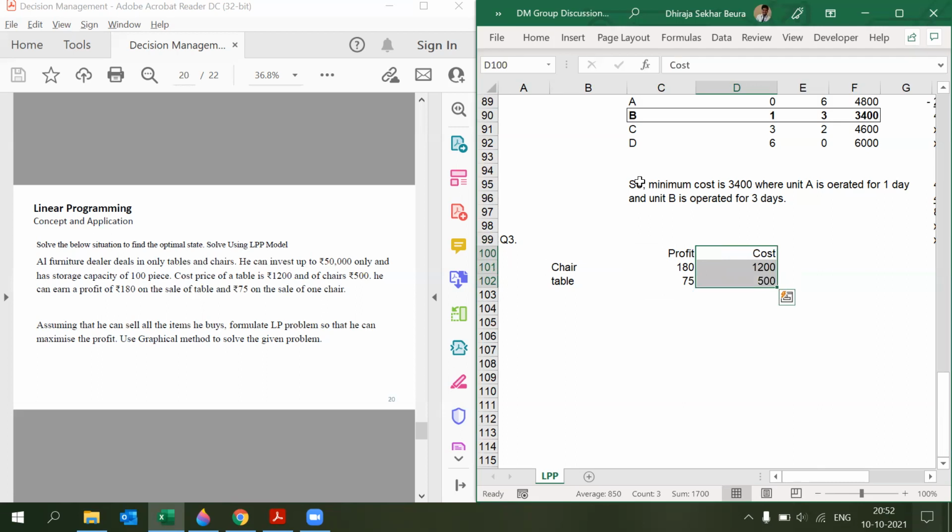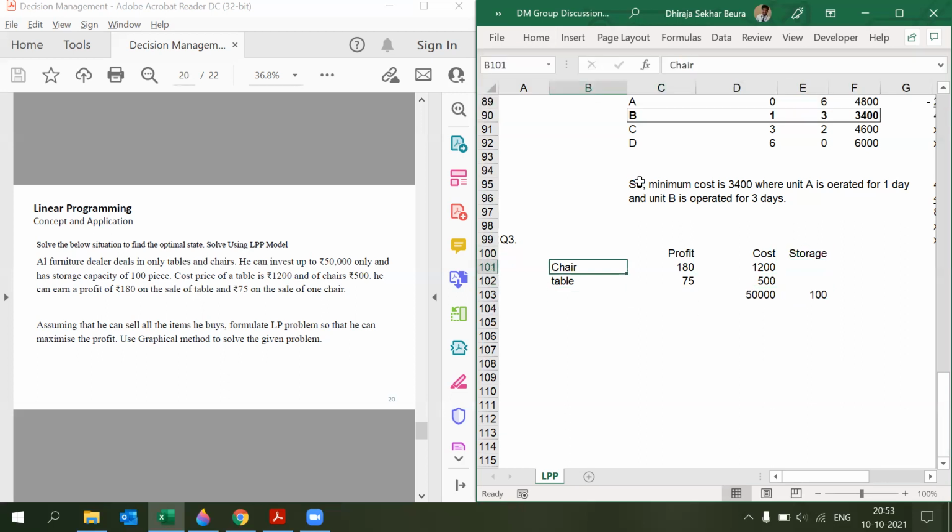Then what is the limit? Can somebody tell for cost? Yes, 50,000. So this is the total I'm writing. Now then we have storage, 100. 100 is the total that we have.